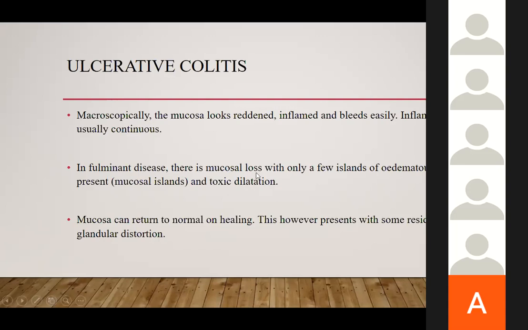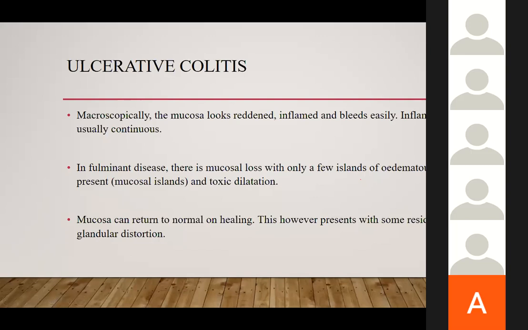Okay. Also, in severe disease, the mucosa is lost. You have a few parts of the mucosa left, and even these would appear inflamed, and the whole bowel might appear toxic. So with ulcerative colitis, because it's just the mucosa, it can return to normal on healing.